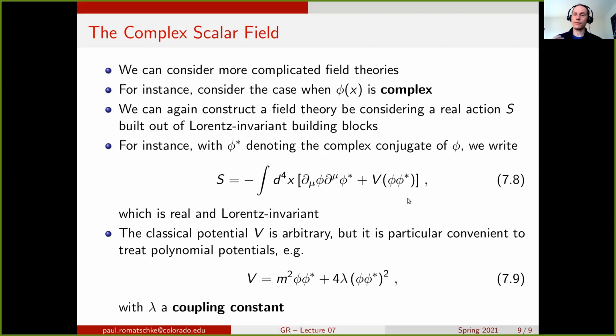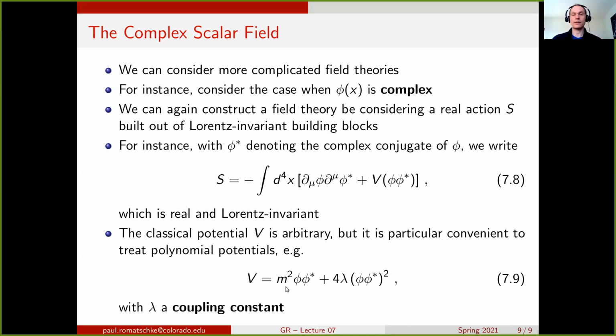But we can be very concrete. We can write down a particular potential. It turns out it's particularly convenient to talk about polynomial potentials, so things that have only polynomials of the argument, no logarithms, exponentials, or other functions. And a fairly common potential that we can think about is something that has m squared phi star phi plus 4 lambda times phi star phi squared.